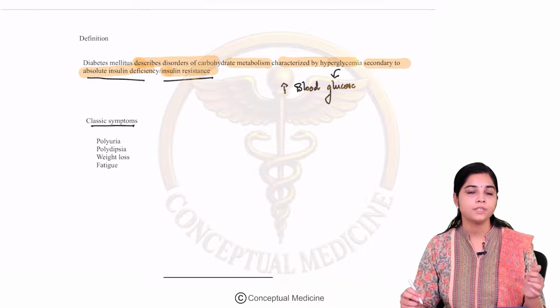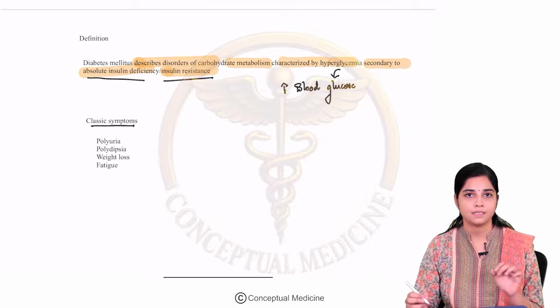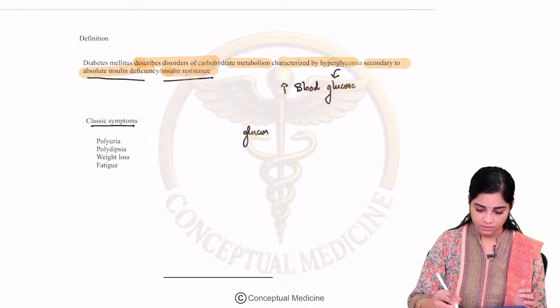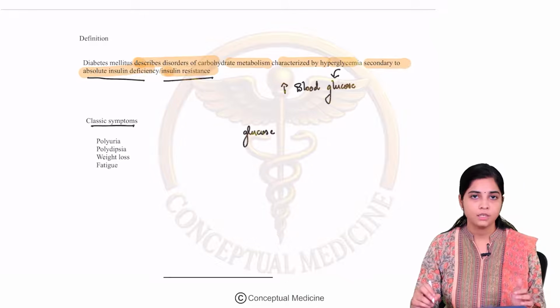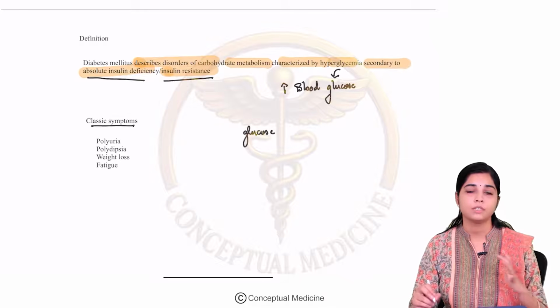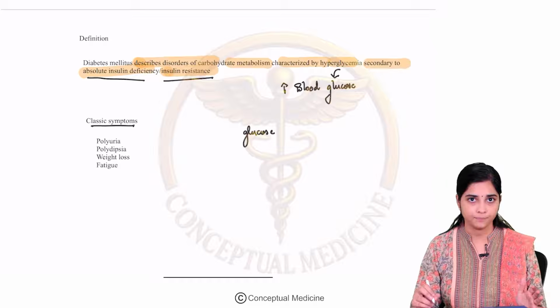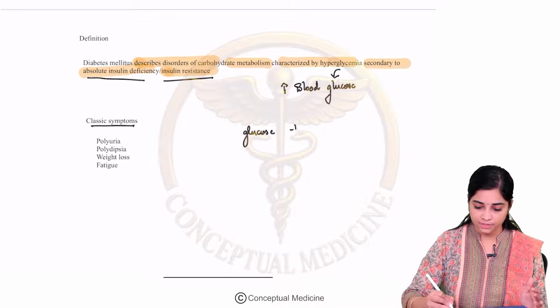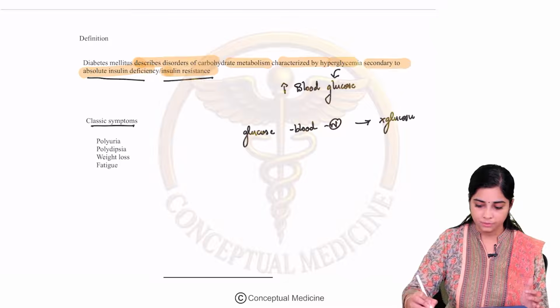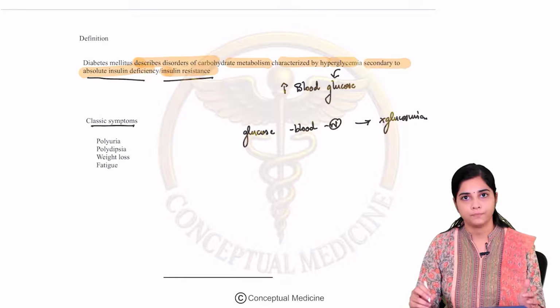Before we understand the classical symptoms, let us understand a little more about the molecule glucose. When the blood glucose levels are normal, you do not find glucose in the urine. There is no glucosuria.